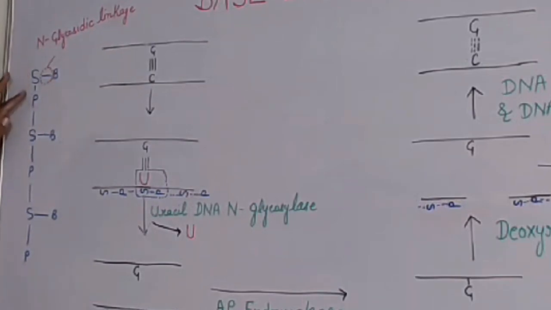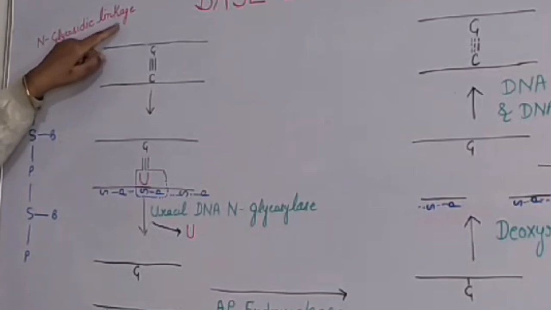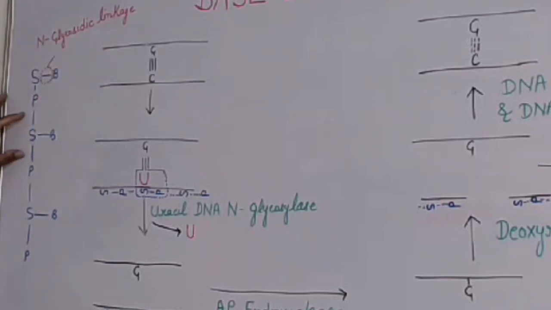See, this is the sugar phosphate backbone of the DNA molecule: sugar phosphate, sugar phosphate, sugar phosphate. The nitrogenous base is attached to the sugar moiety with the help of N-glycosidic linkages, and there is a phosphodiester bond between the sugar and the phosphates.